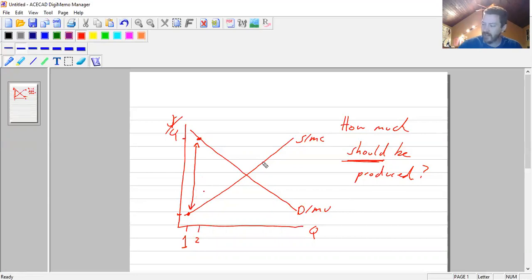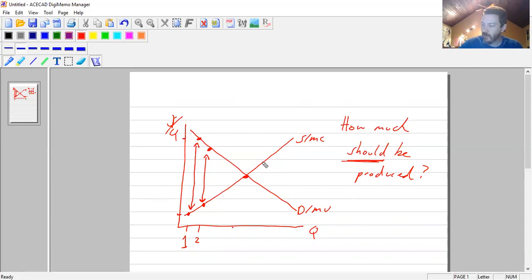Same thing for the second unit. Here's what society gains for the second unit. This is the marginal value, the additional benefit consumers receive from consuming that second unit. Here's what society gives up in the form of marginal cost for producing that second unit. Society is better off by this amount, by the fact that this market exists and the second unit was produced. This reasoning is true up until this point.